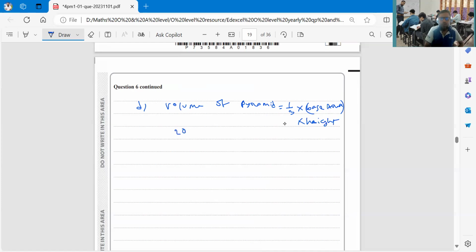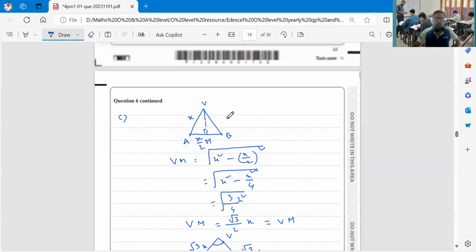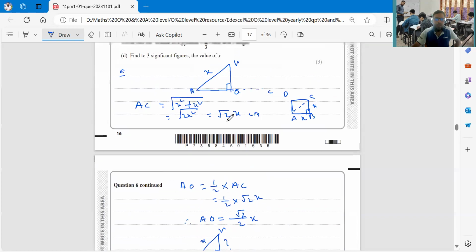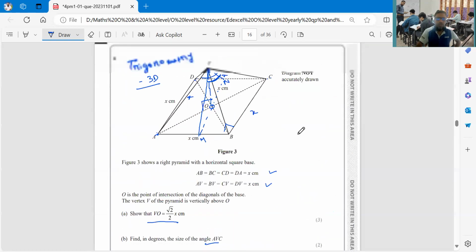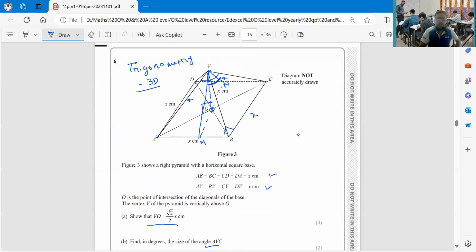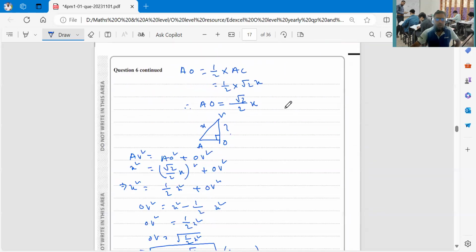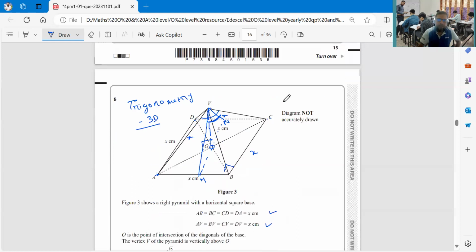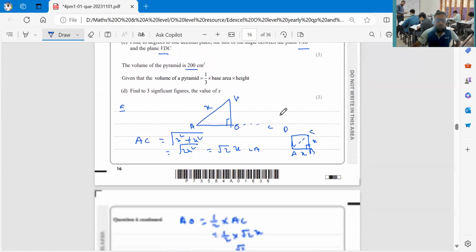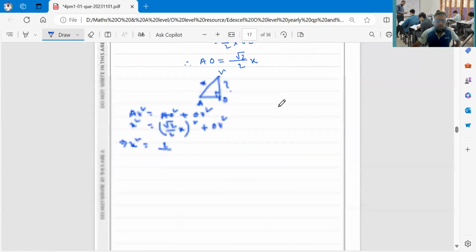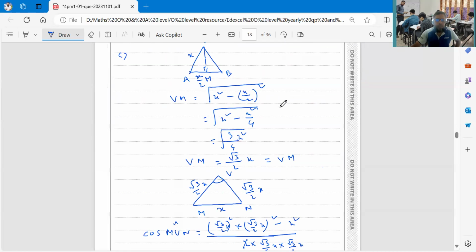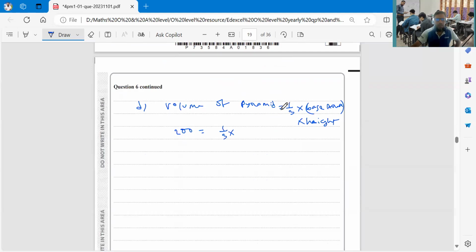So volume represents 200. 1 by 3 multiply base. Look at the base. Base area represents ABCD, right? ABCD square. So square area equals to x square. And remember, height represents BO. Already made this, BO is root 2 by 2x. We have proved this in the first part of the question.